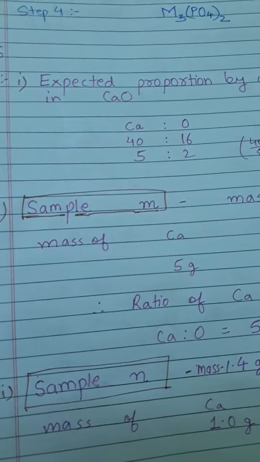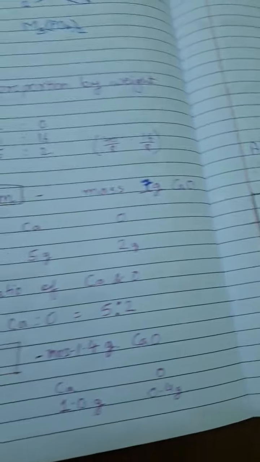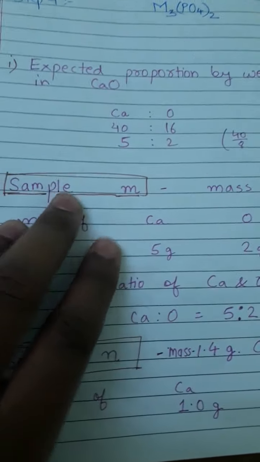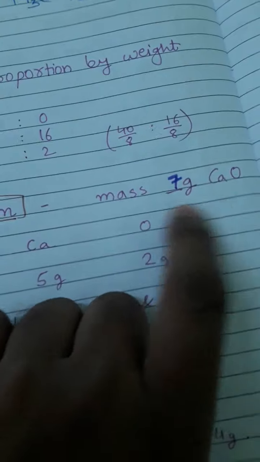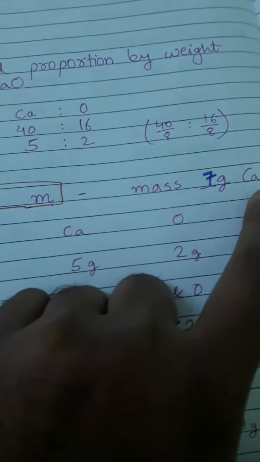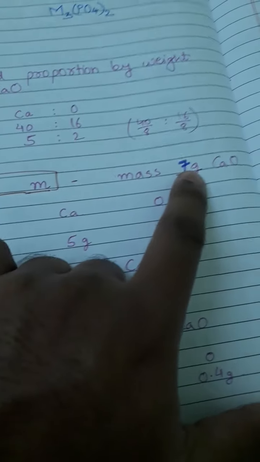Now we should know whether this ratio remains constant in sample M and in sample N. Let us see sample M. In sample M the mass is 7 gram, that is, 7 gram of calcium oxide, slaked lime. Now what is the mass of calcium and oxygen in this 7 gram?